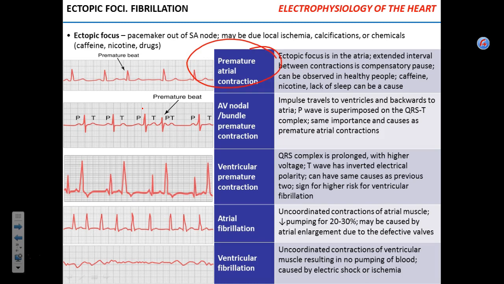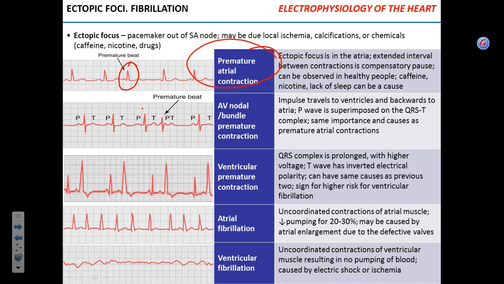And you can imagine that ectopic focus can be in the atrium, in the septum, where the AV bundle and AV node are, and in the ventricle. Does that make sense? So if it's in the atrium, you have a beat that is not at the right time. This is called premature contraction.